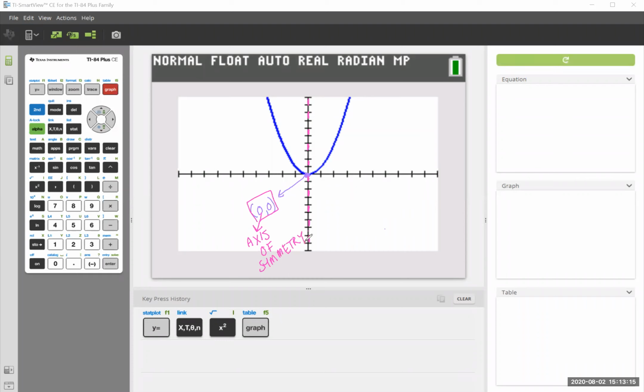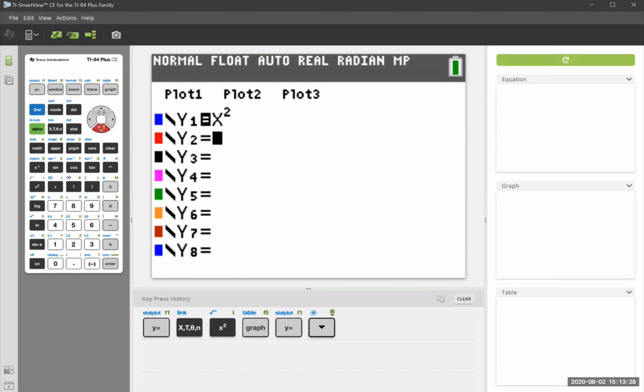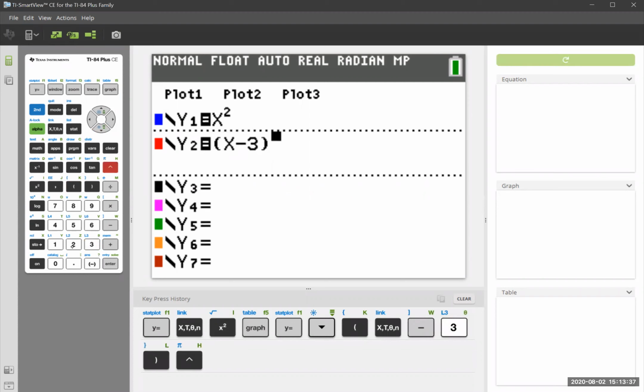So let's go ahead and start investigating. I'm going to clear out my screen, and I'm going to go back to y equals. I'm going to arrow down to my second line, and we are going to type in the function g of x, which we have noted as x minus 3, raised to the second power.